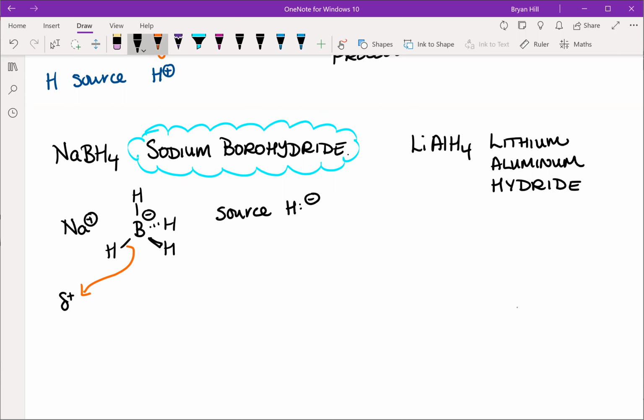Some textbooks abbreviate lithium aluminum hydride as LAH.